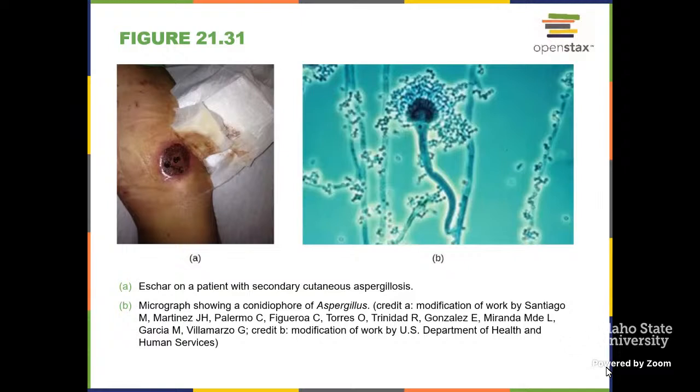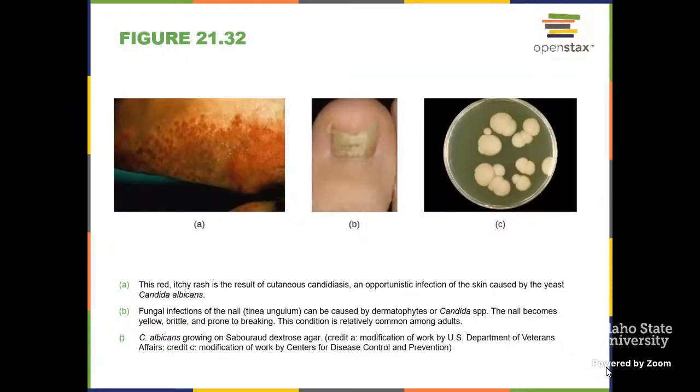That would be a primary, all right? But usually when we think about something like this, it's the result of a different infection, a lung infection that has progressed to this, all right? Definitely more serious as we have moved throughout the body and then start manifesting on the surface.